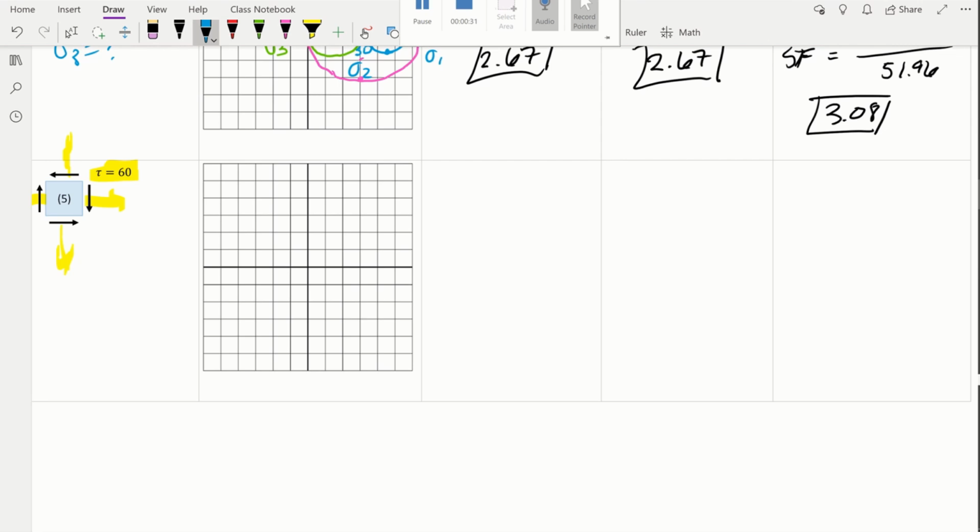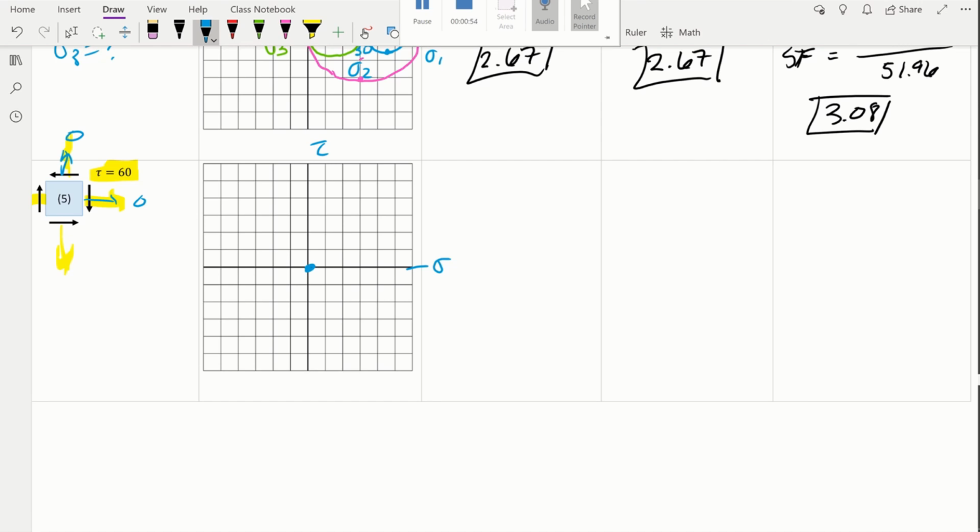So what do we have over here? Well, we know that the shear stress is 60. We can make a plot, right? Remember, normally we're plotting values of sigmas and tau. What is the value of sigmas here? Well, they're 0, so I'm going to start at 0 and have the shear stress of 60.